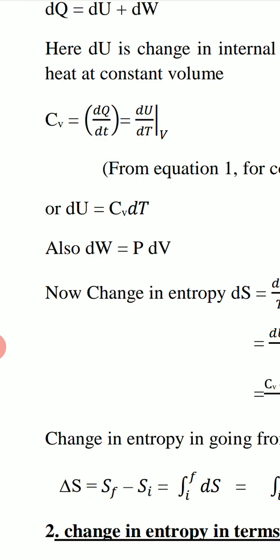C is constant, which is known as specific heat. If we consider molar specific heat, then we put this mass m as equal to 1 mole. So for 1 mole, this molar specific heat Cv becomes dq upon dT at constant V.